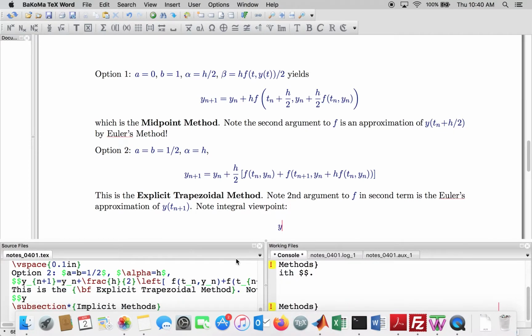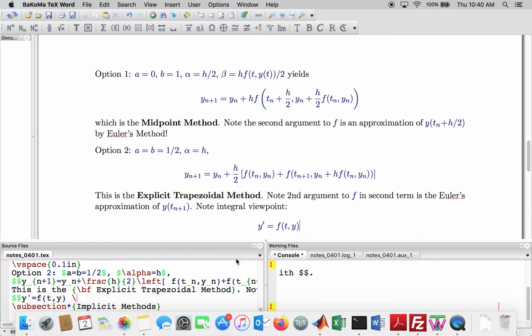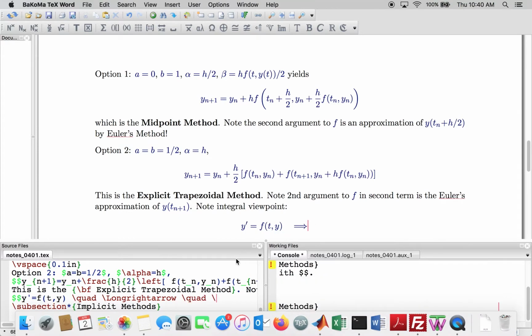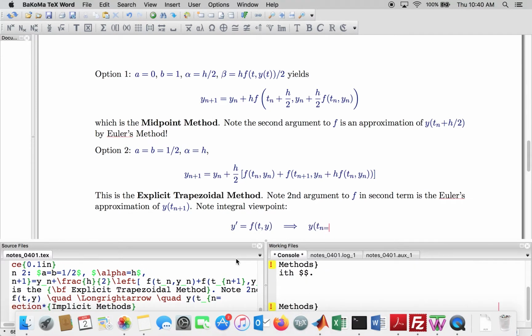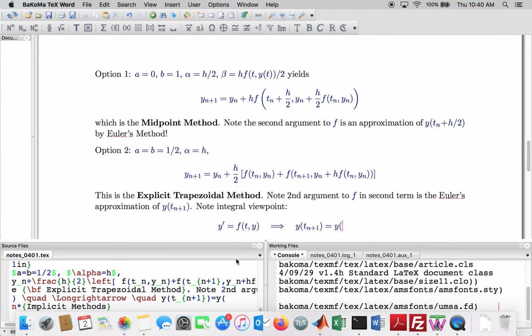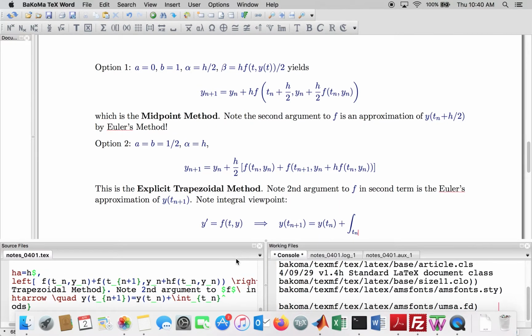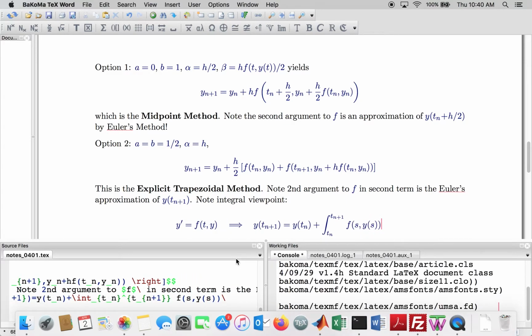If I have y prime equals f of t, y, and I integrate both sides from tn to tn plus 1, I get y of tn plus 1 equals y of tn plus the integral from tn to tn plus 1 of f of s, y of s ds.